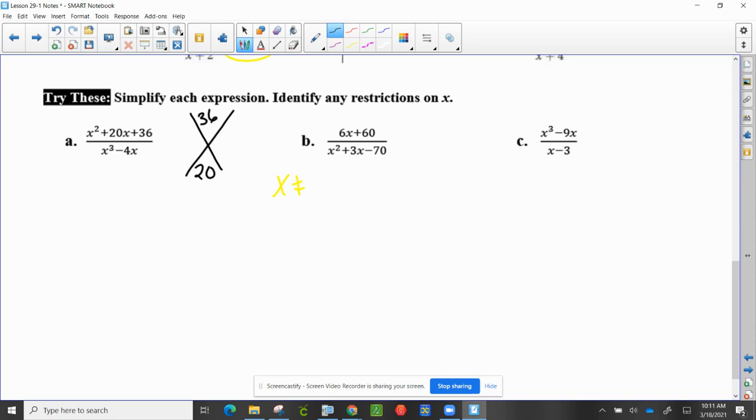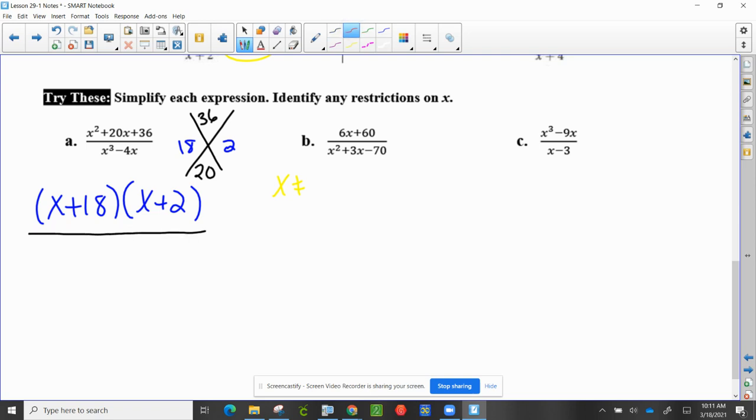We have 6 and 6 would be 12, so that doesn't work. It looks like 18 and 2 are going to work for this one. Not a common factor duo that we're used to, but that's okay. So on the top then, this is going to factor as x plus 18 and x plus 2. So my top part is factored completely.